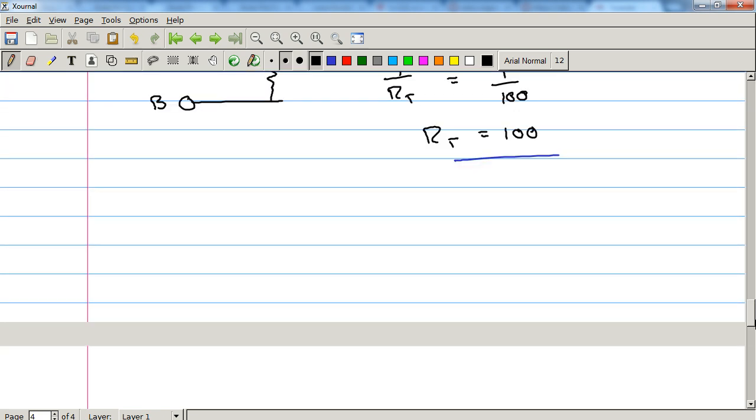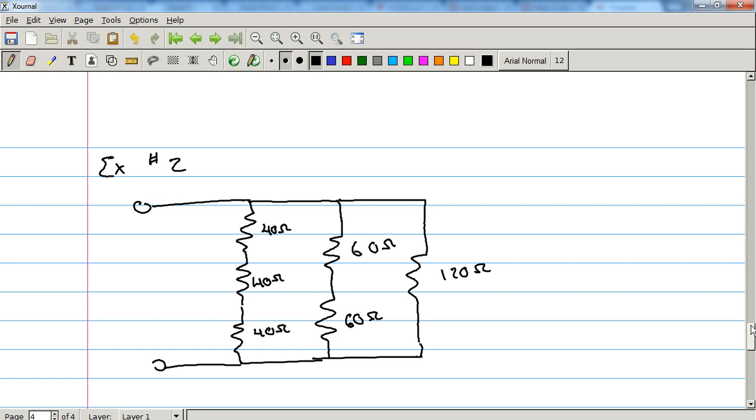Okay, so where do we start? We can pick whatever. But remember, you want to try and get it one in parallel with another, not 3 in series and with 2 in series in parallel with 1. You want to reduce it down to 1. So I guess we could start with this one.